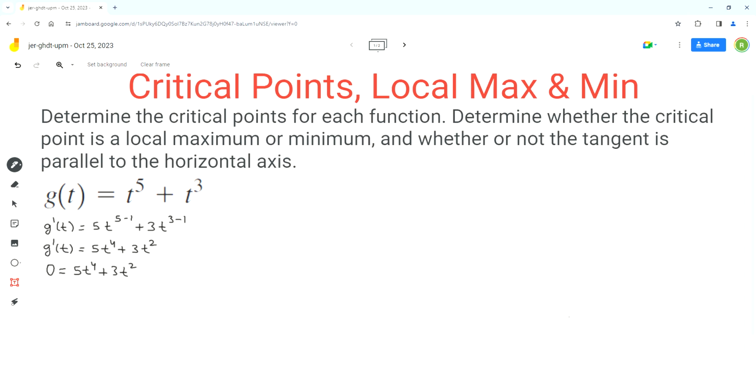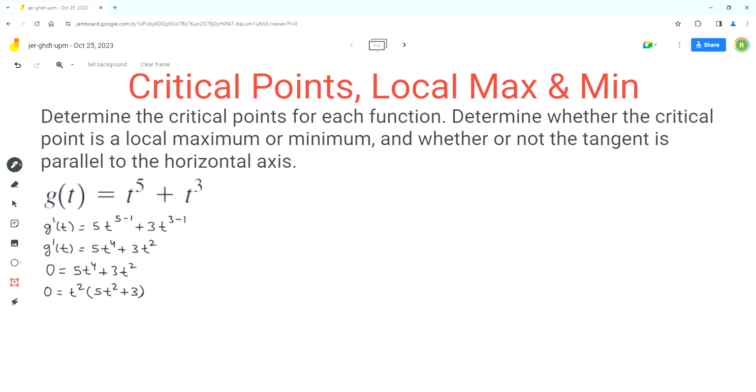Now we have to solve this equation. So the first step is to factor the right side, so we can do common factoring. We can factor out t^2. So now we can solve this equation. We get two cases.